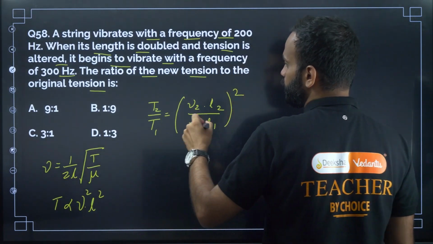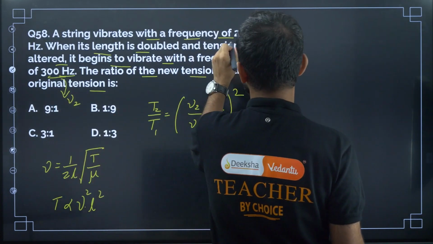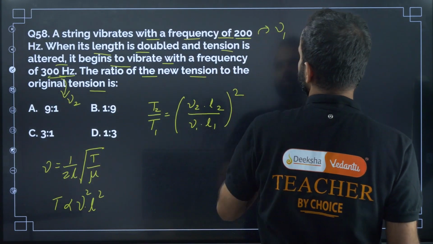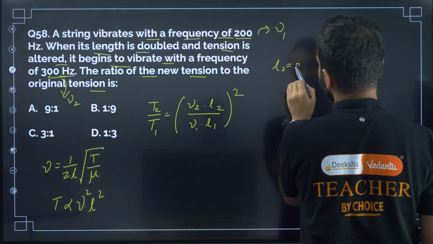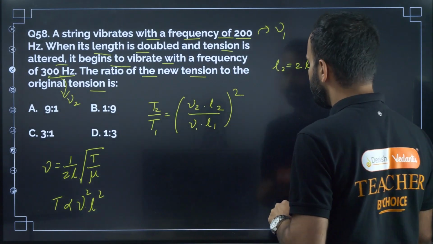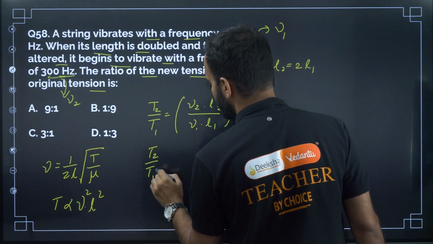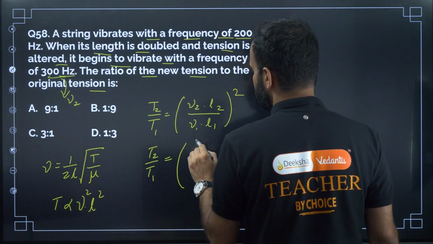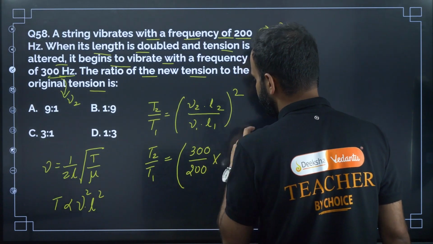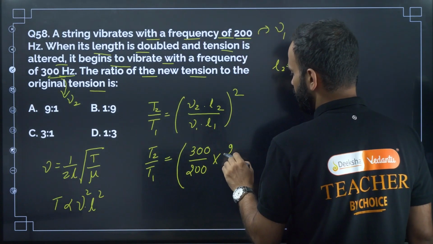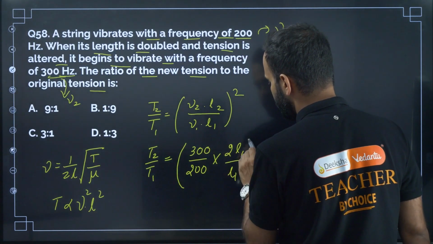So what is nu2? The frequency is 300 Hertz. Here nu1 is 200 Hertz. And L2 is equal to 2 times L1. So now T2 divided by T1 is equal to 300 divided by 200 into 2L1 divided by L1.